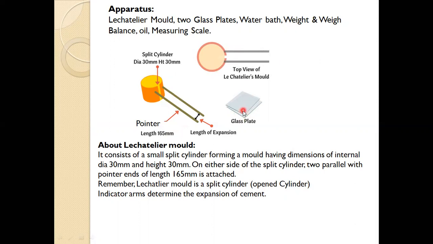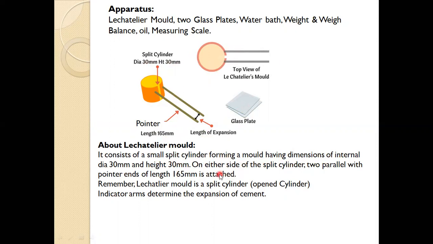These are the glass plates which are required to be placed on the top and bottom of the cylinder. The Le Chatelier mold consists of a small split cylinder forming a mold having internal diameter 30 mm and height 30 mm.